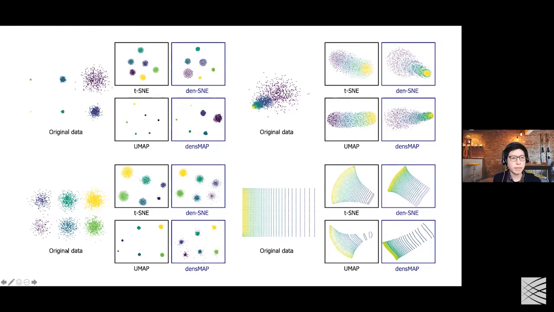For the case where we have 6 clusters of the same size but different sampling rate, now we convey the information that all these clusters have similar size, and we fix this problem where sparse clusters appear smaller in the images. And lastly, in this flying carpet example, as we call it, we fix this distortion issue of dense regions being stretched out more than the others, and now we have an image that more accurately reflects the underlying shape of the data.